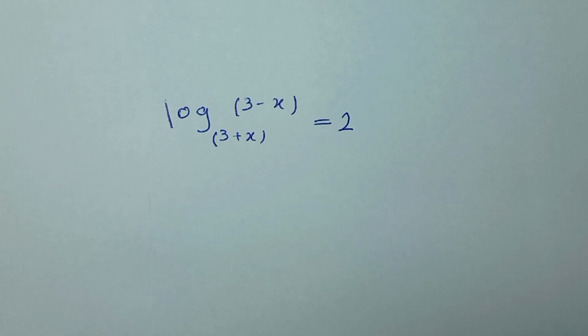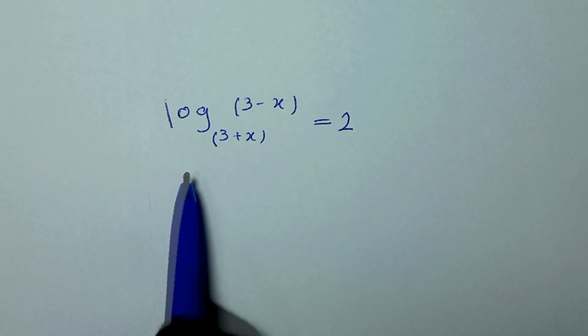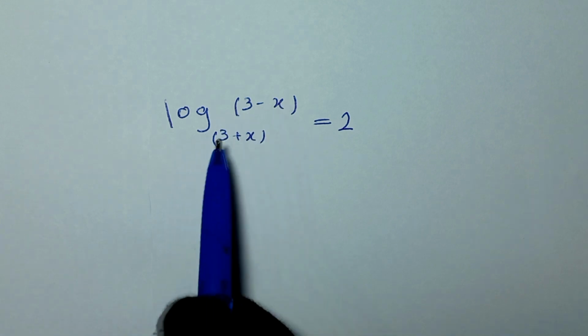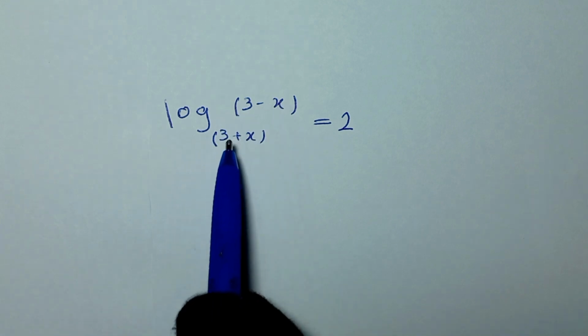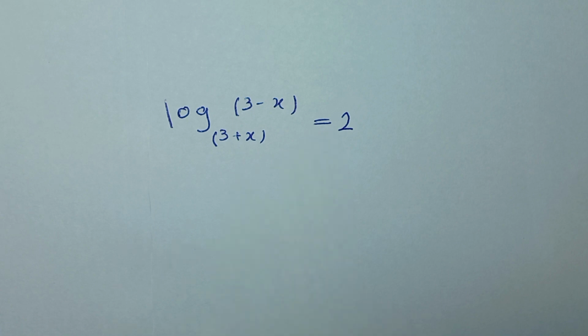Hello my friends, you're welcome to solve this math problem, which is log of 3 minus x to the base 3 plus x is equal to 2, to find the values of x.